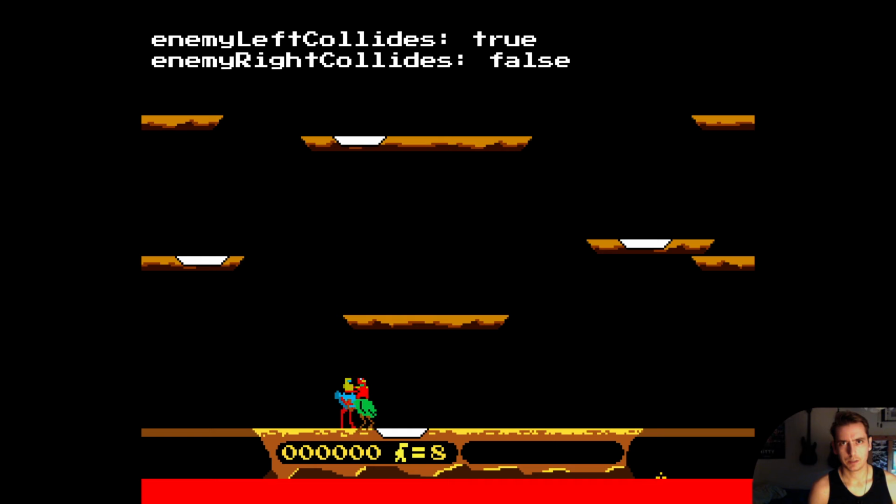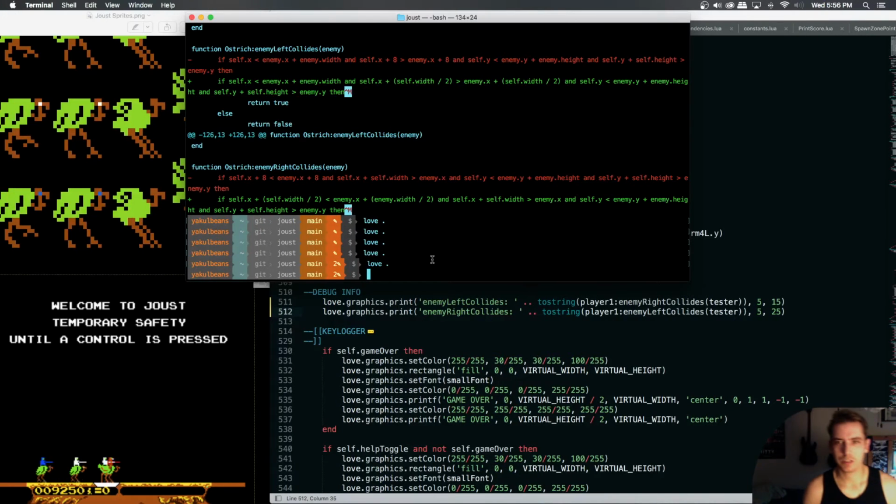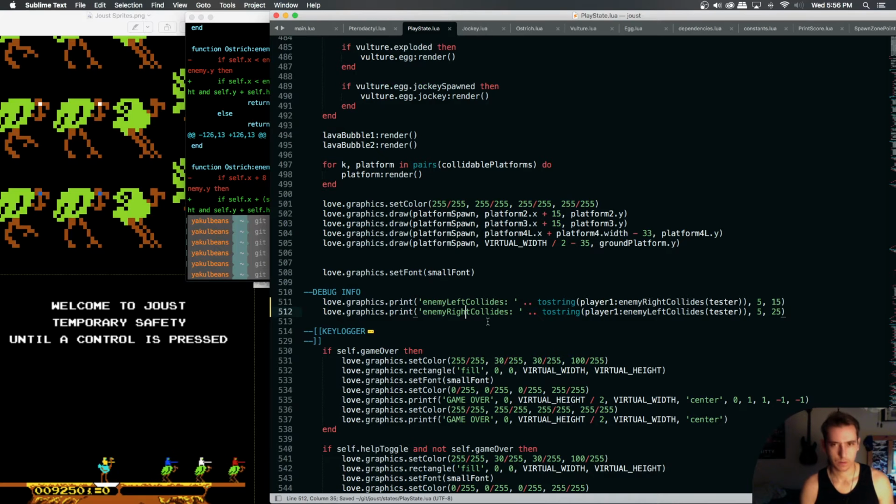That should be a left collision. So instead of detecting the collision here, it's only detecting it when it gets past here. It's only doing it right here. So it's our implementation that's wrong, not our functions.